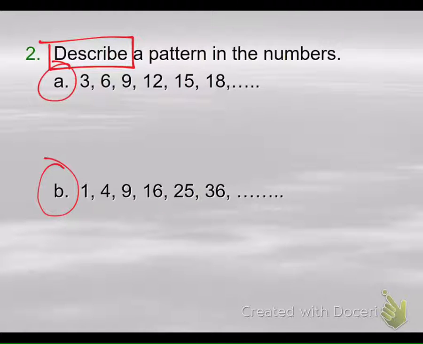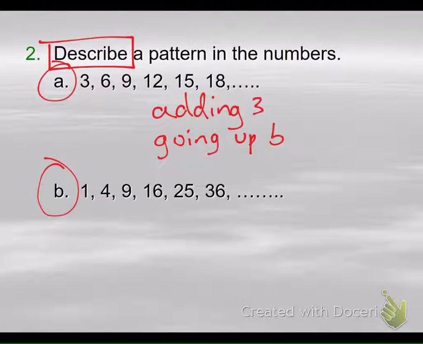Yep, so you could put adding 3. You could put going up by, look, you could even write out 3. You could have the plus sign and then a 3. Those all mean the same thing to me, okay? I'm not super picky how you answer it. Pick one and go with it.